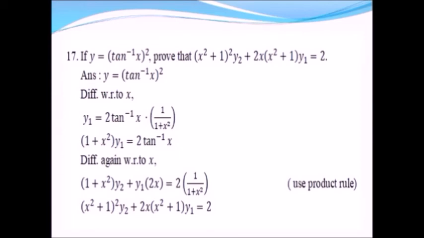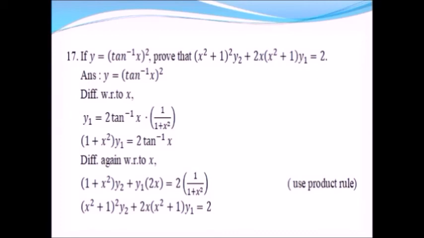Now I am finding second order derivative, double derivative. Left hand side function is the product of two functions, so I am using product rule, that is first function 1 plus x square as it is, differentiation of y1 is y2, plus second function y1 as it is, differentiation of first function, that is differentiation of 1 plus x square is 2x, is equal to differentiation of 2 tan inverse x is 2 into 1 by 1 plus x square.